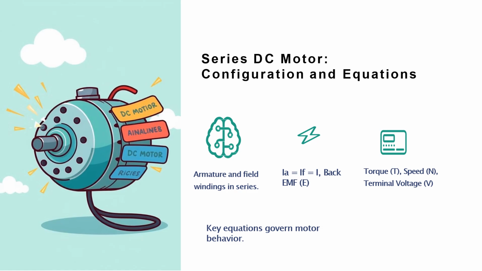Since it is a series motor, we have to add these two resistances, that is Ra plus Rs, and multiply by the current, and Ks is the series constant. So this is the relationship of the speed equation, torque and the back EMF.